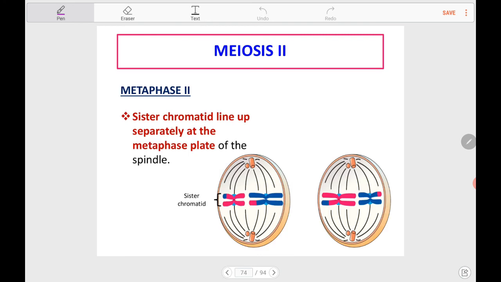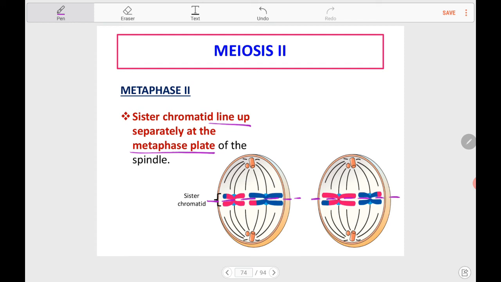Next, metaphase 2. So during metaphase 2, the chromosomes ataupun sister chromatids will line up at the metaphase plate. So basically sama macam metaphase of mitosis, di mana individual chromosome will align at the metaphase plate, bukannya bivalent yang align dekat metaphase plate.